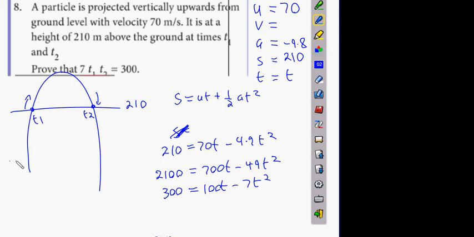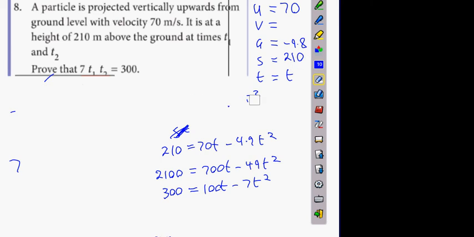We're going to get 7T squared minus 100T plus 300 equals 0.